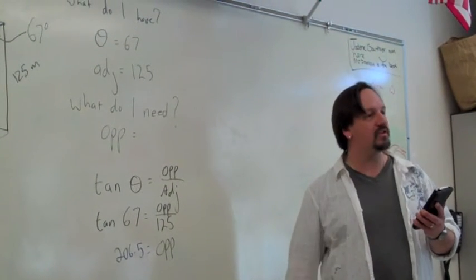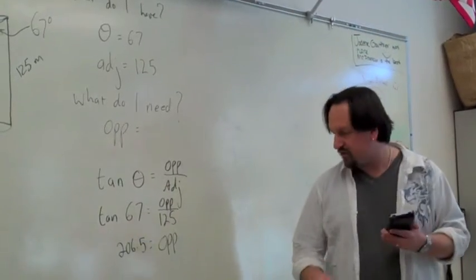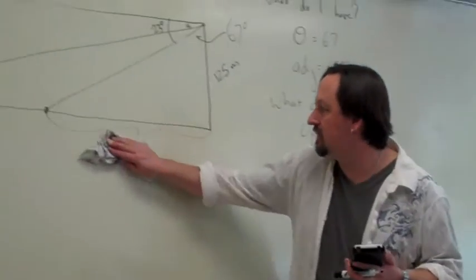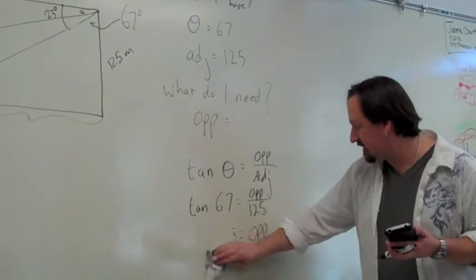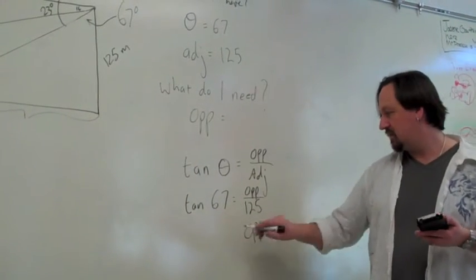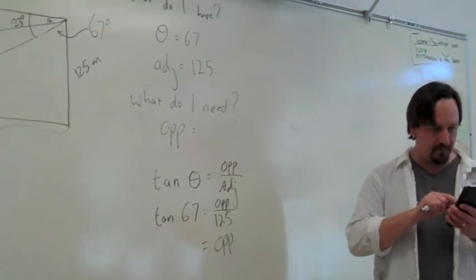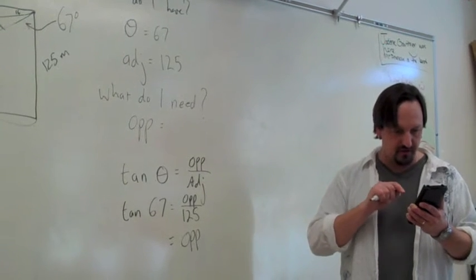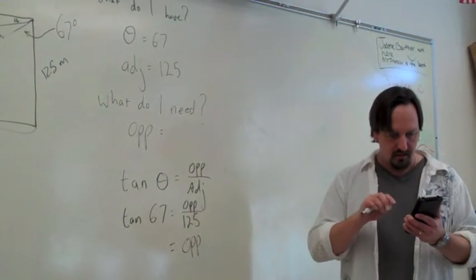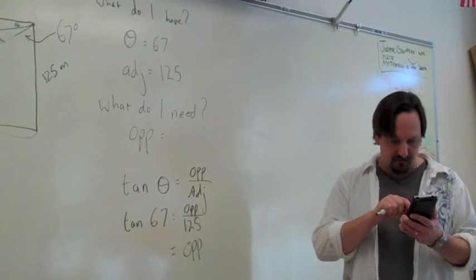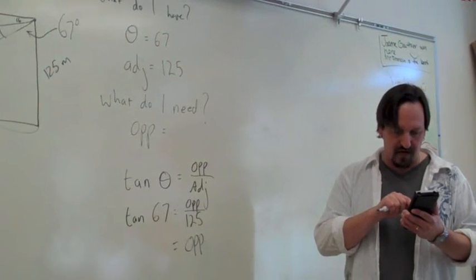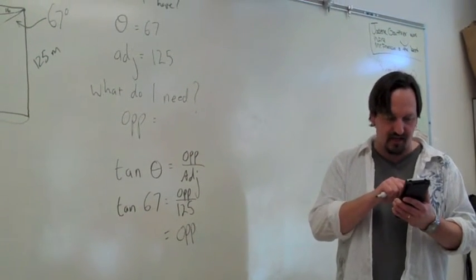Remember what step 1 was? Make sure that your calculator's in degrees. Yeah, it's in degrees. Guess what I didn't do? You didn't put in degrees. Thank you for catching that. Immortalized on film for all time. All right, let's put that in degrees. Good catch. That's why you show your work, because if yours is in radians and my answer is different from yours, I can probably track that down.